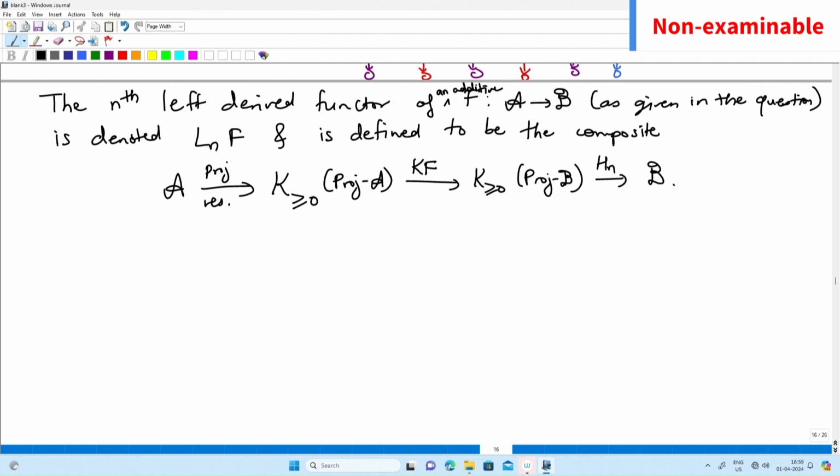So this is the nth left derived functor, and what do you get?